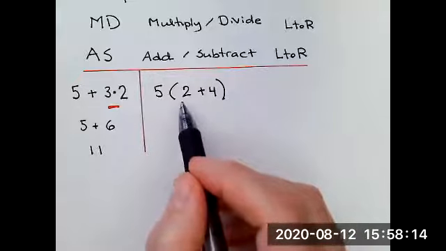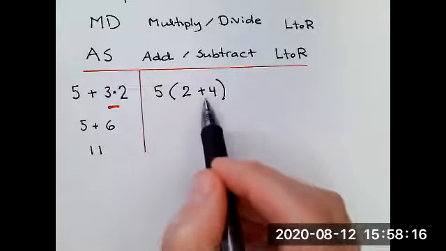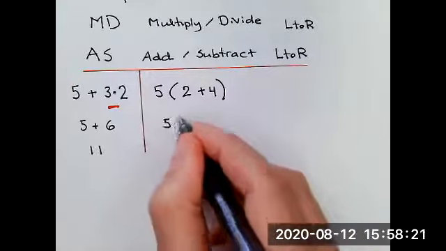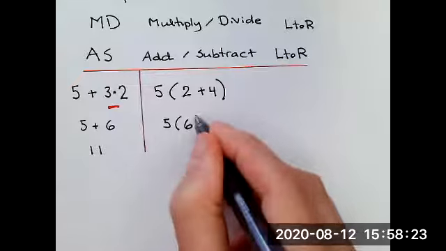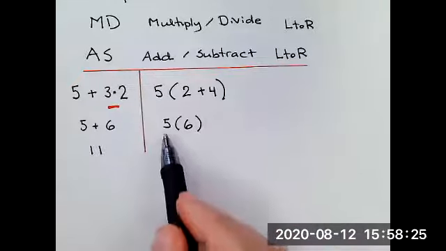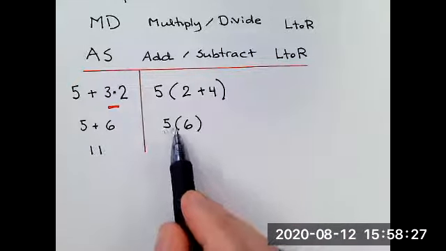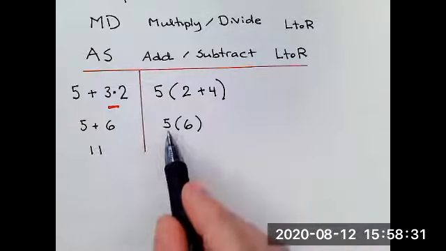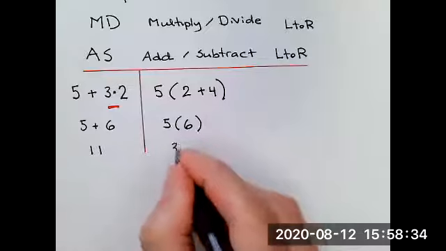Because there's an operation inside the parentheses, we do that first. And then in math, when things are touching, that implies that those are multiplied. So 5 times 6 is 30.